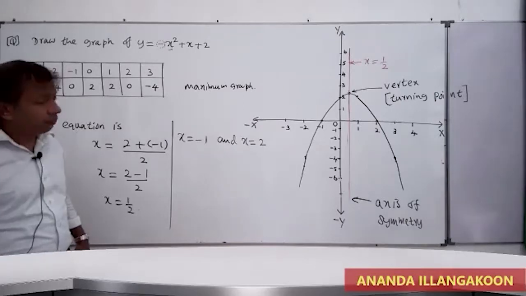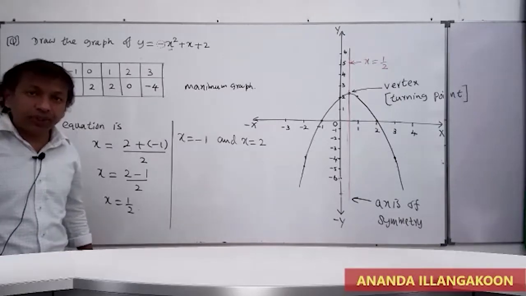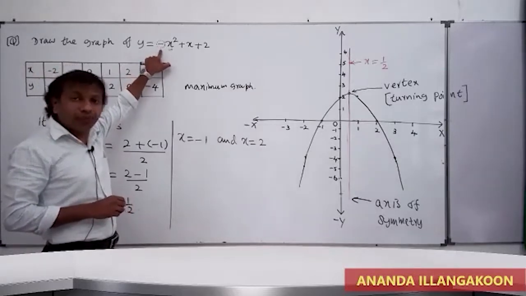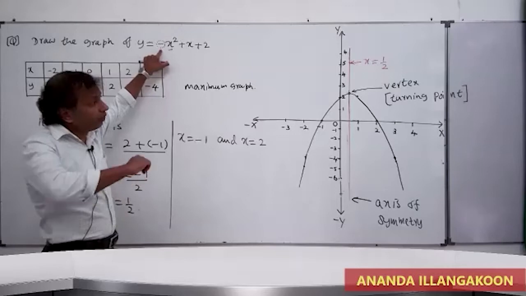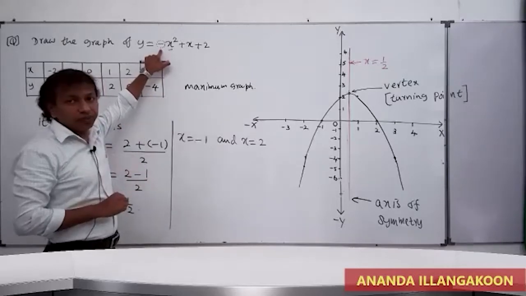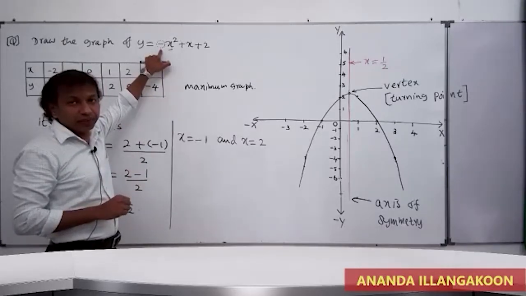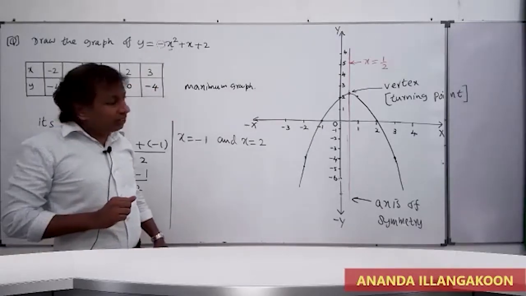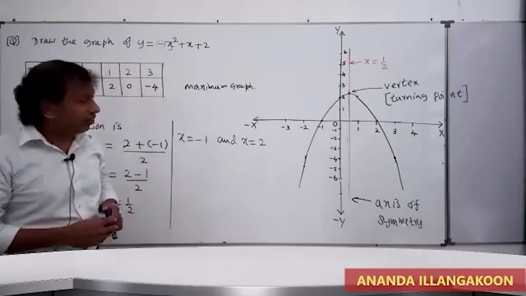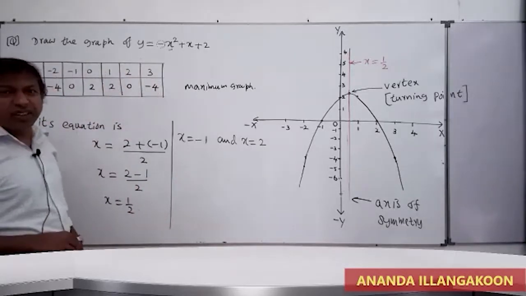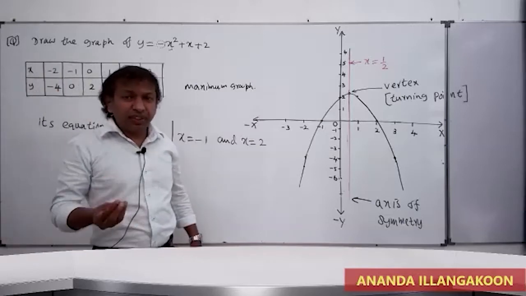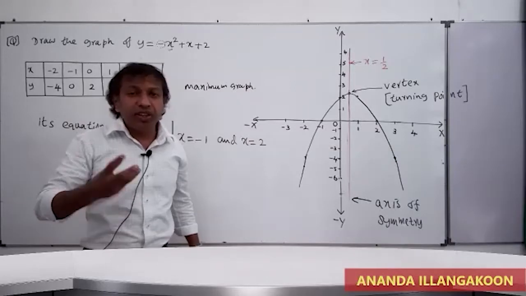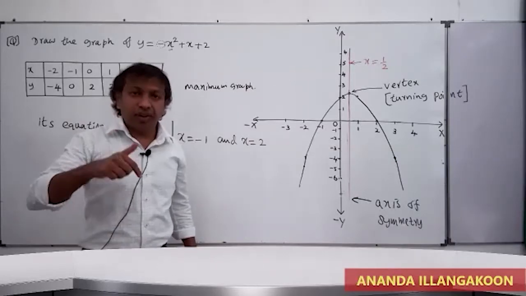Right, now people, that's all. Remember, when this x squared coefficient is negative, we get a maximum graph. Drawing the graph by constructing a table, we can't apply in A-levels, because suddenly when you are given the equation, you should be able to get the graph.